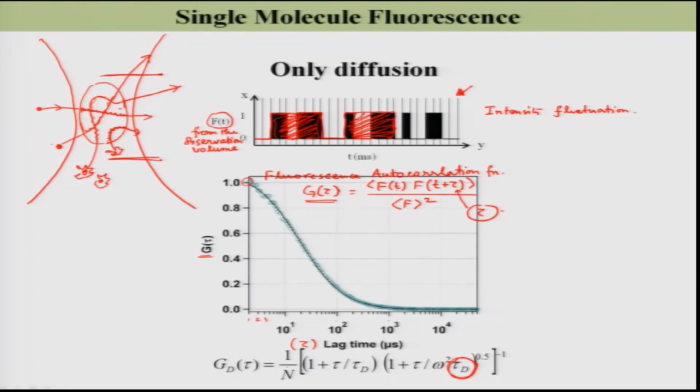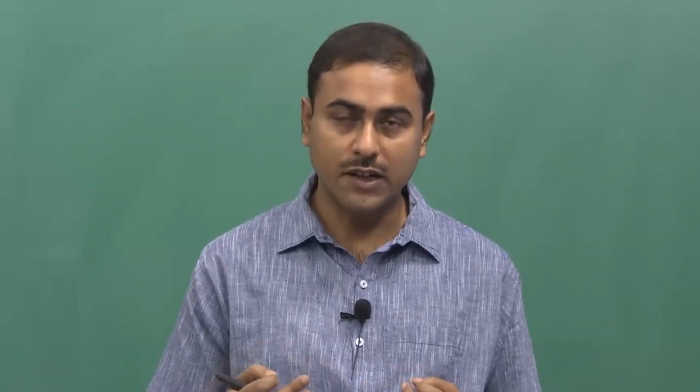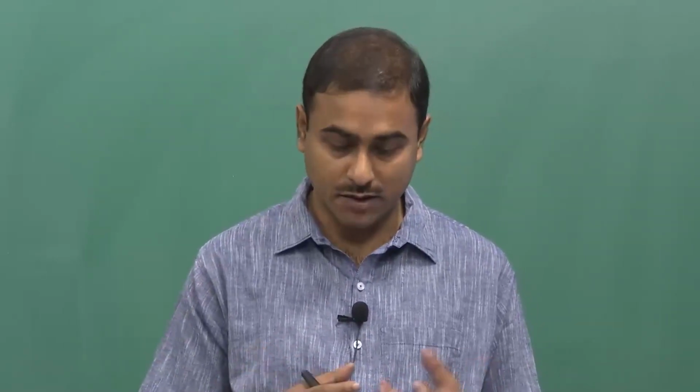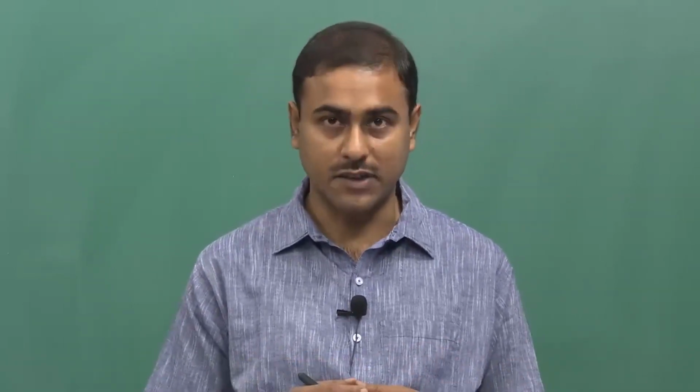And you see that these experimental data, those circles, are now fitted with this equation to get the value of tau d. Once you know the value of tau d, from the Stokes-Einstein relationship you will be able to calculate the volume of this molecule if you know the viscosity and temperature, and vice versa.